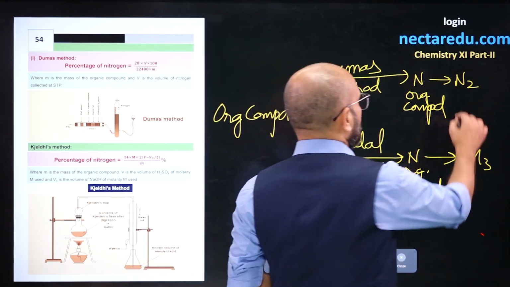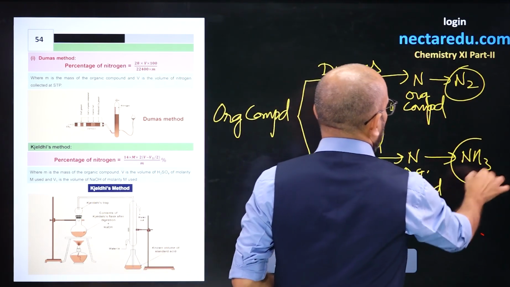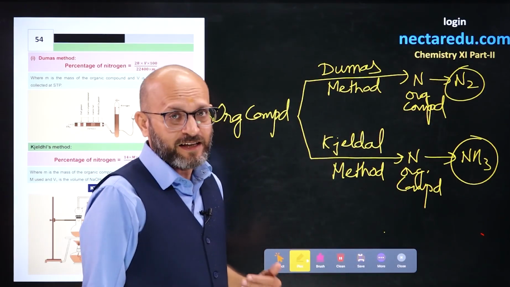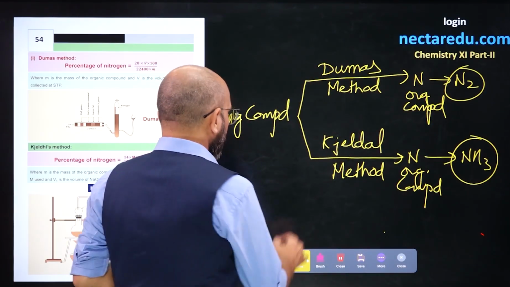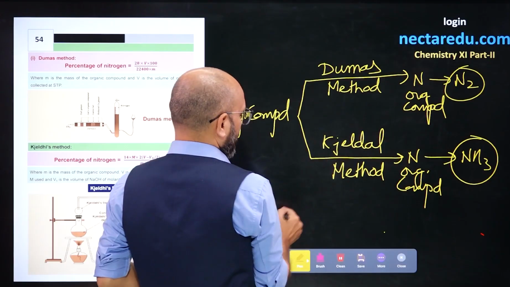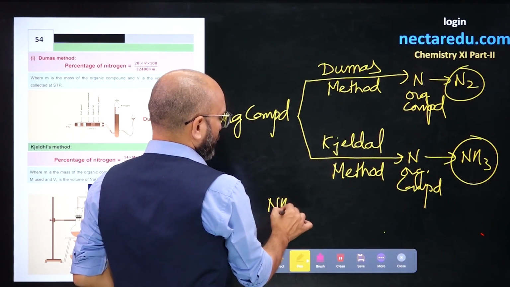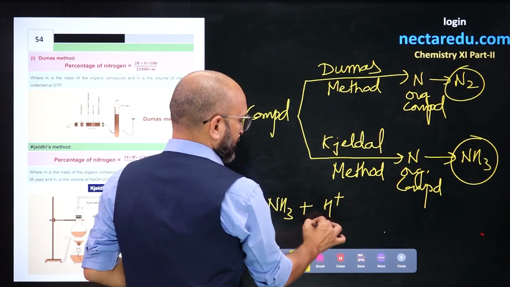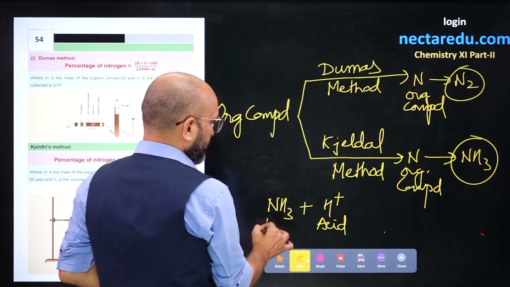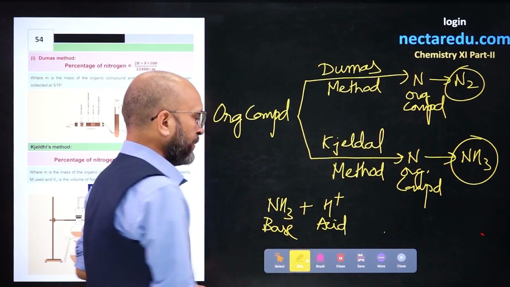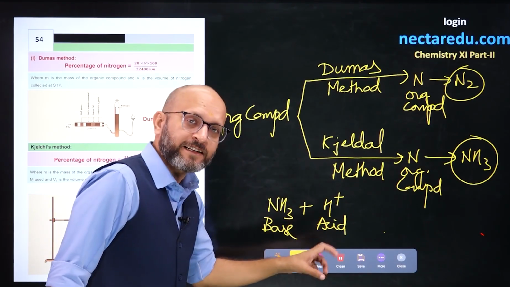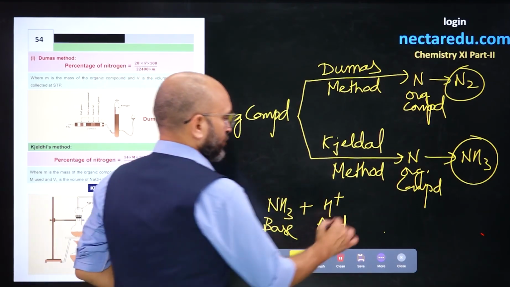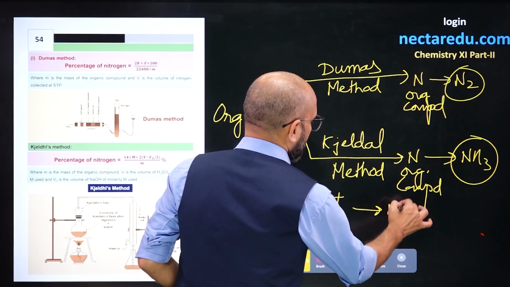So nitrogen gas is then estimated separately and ammonia is estimated separately. For this Kjeldahl method, ammonia is made to react with acid. Ammonia is a base. So base reacts with acid to form a salt, so we get NH4 plus.